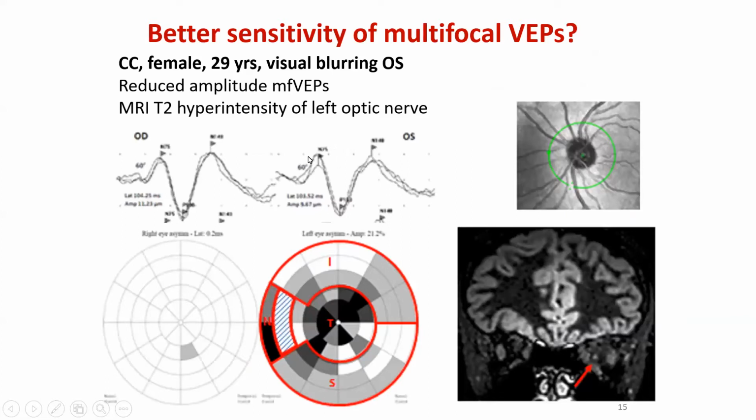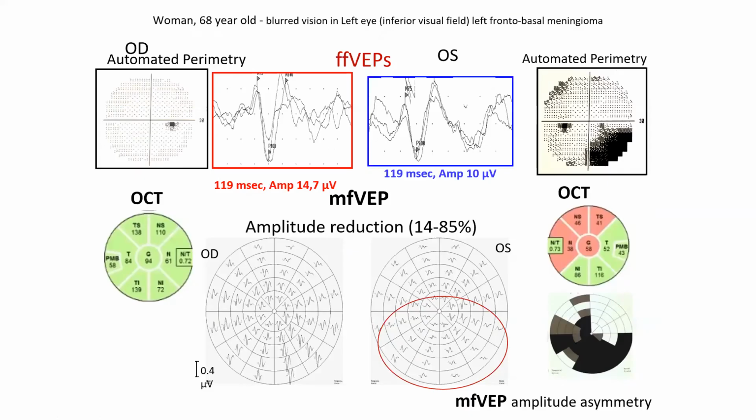So in some cases, with only a small sector of the optic nerve that is involved, it is possible that the full field VEPs are normal, while only the multifocal VEPs, even in the presence of a documented lesion at MRI, could be the only physiological and functional test that is abnormal.